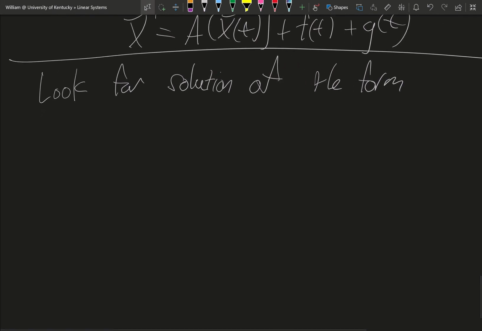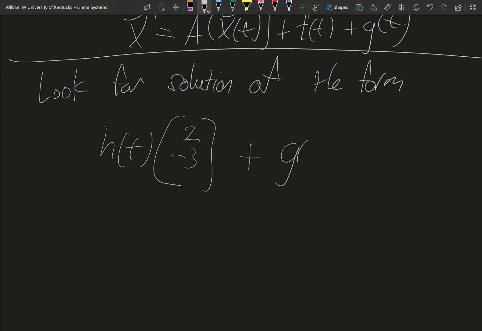So we're going to look for a solution of the form, I'll say h of t times our first eigenvector of 2, negative 3, and then some other function, I'll call it g of t, times our second eigenvector.